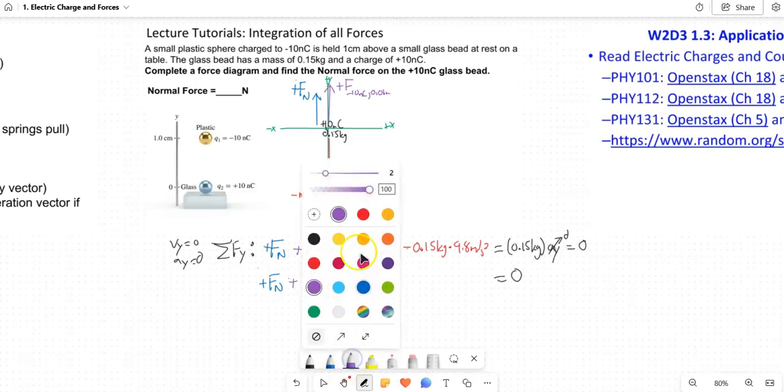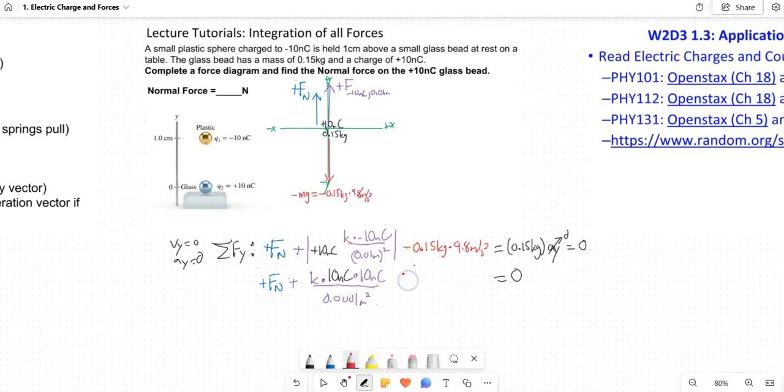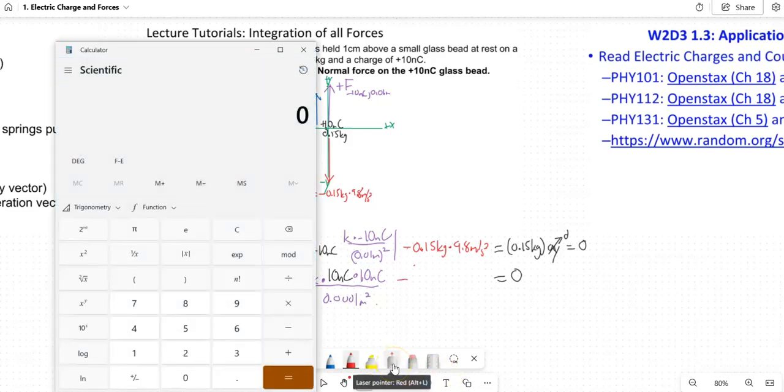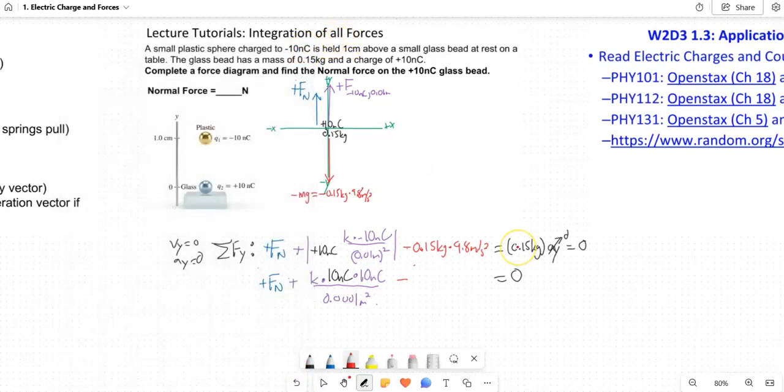Okay, now I'm going to multiply and find out its weight. So 0.15 times 9.8. So that's going to be negative 1.47, and that is just in newtons.